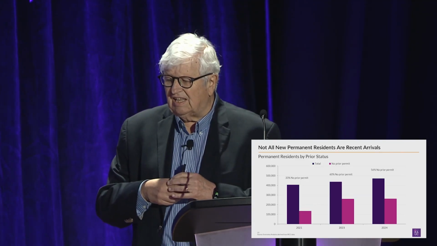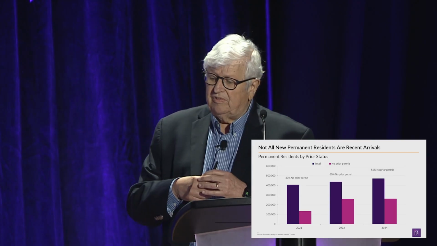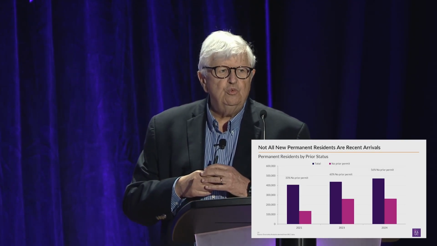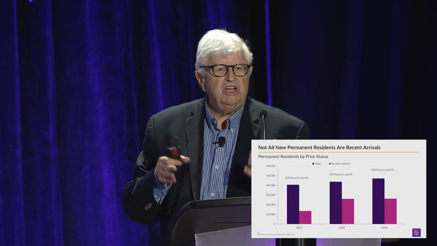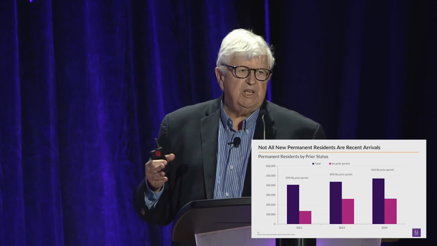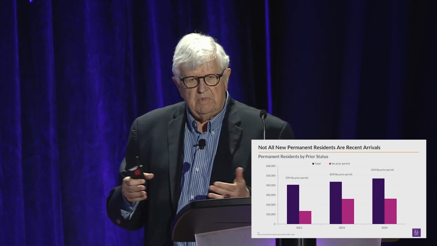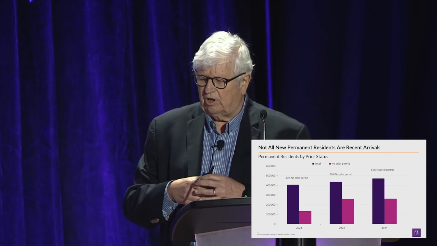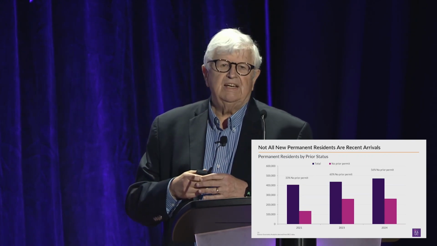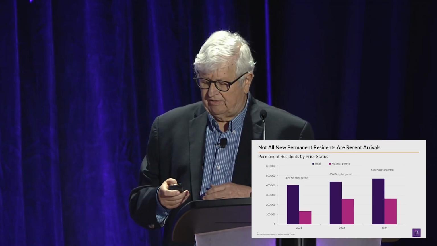And you can see that last year, for the last couple of years, somewhere around 40% of all the new permanent residents were actually not new arrivals in the country, but had been here for a number of years, many as students or temporary workers. But 60% were actually new arrivals to the country.